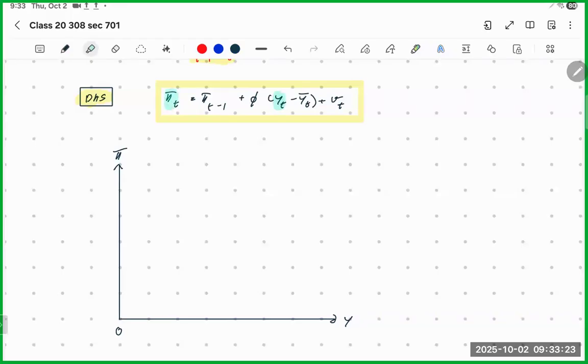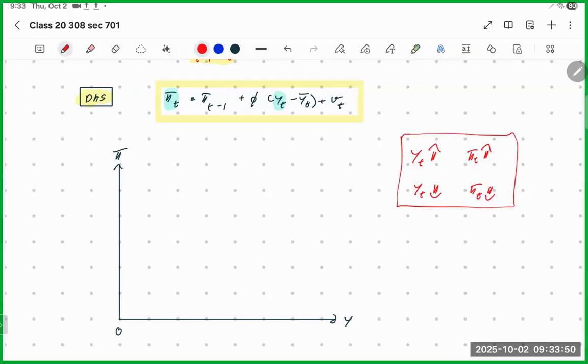The vertical is pi t. As you can see from the equation, if yt increases, the right-hand side increases, so the left-hand side is going to increase too. So pi t, or inflation, also increases, moving in the same direction. On the opposite side, if yt goes down, pi t also goes down. They have a positive relationship.